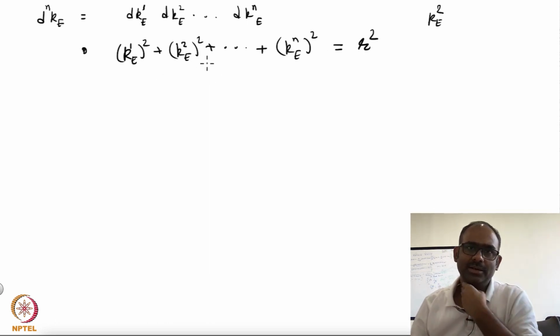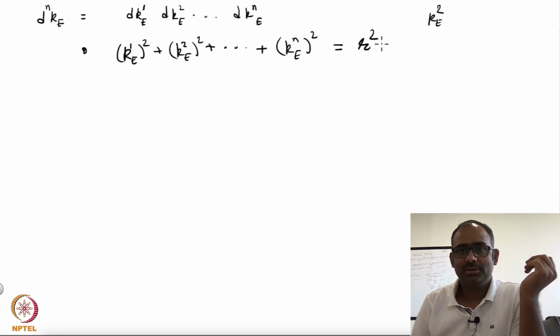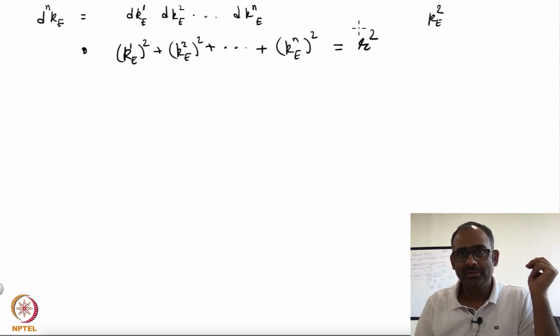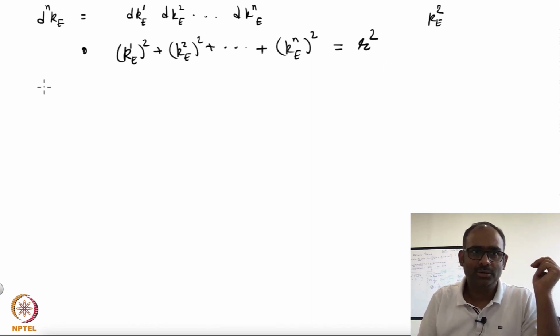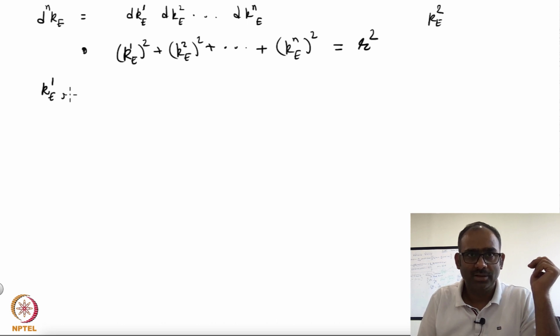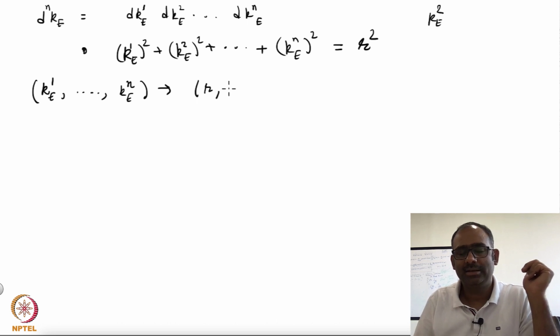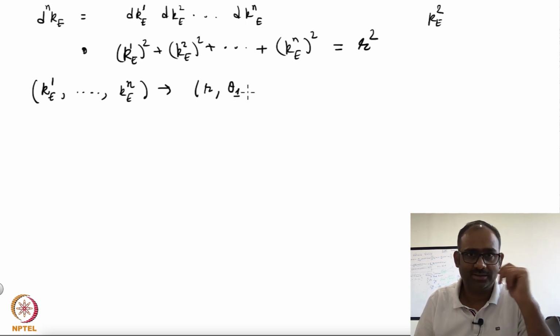If you have spherical symmetry, then we will use this radial coordinate, and the sum of these squares will be equal to the radius squared. Now there are a total of n variables. One of the variables I can choose as r. So I am going to do a change of variables from this set to another set of which one of them is r, and I claim that I can introduce n minus 1 angular variables. That's something I can do.